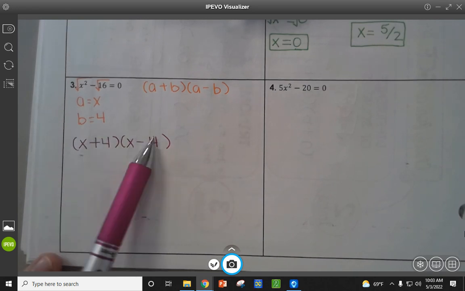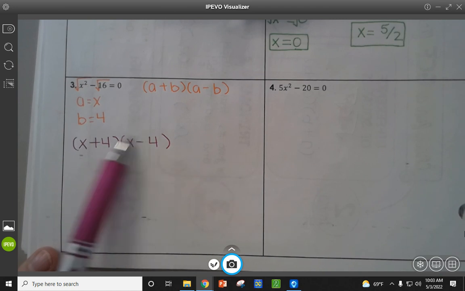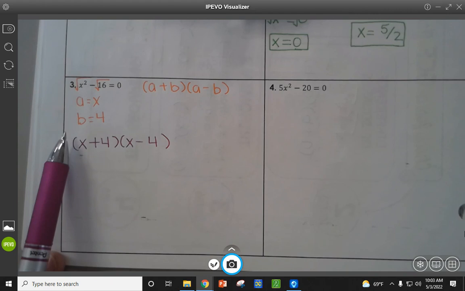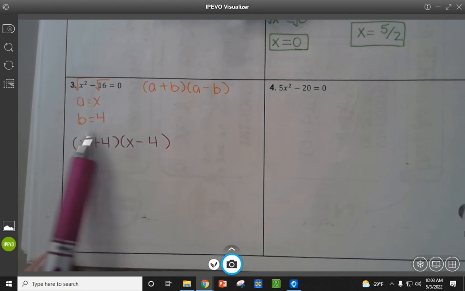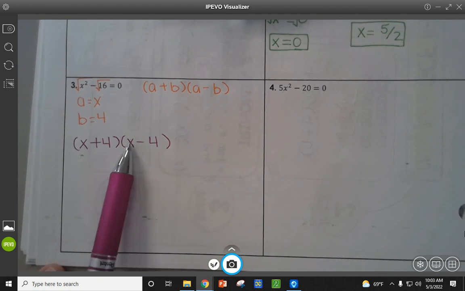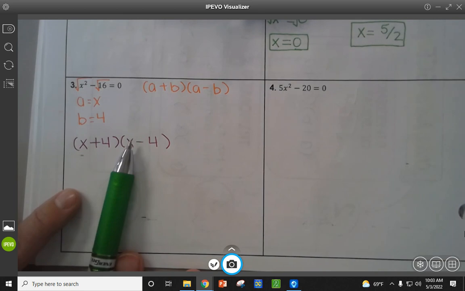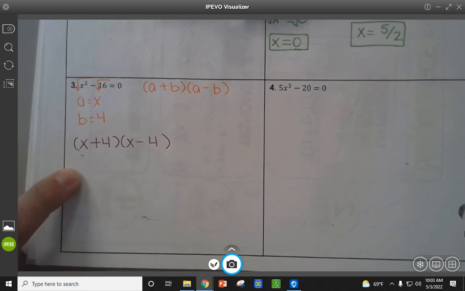Are either of these a difference of squares? Can either of these be factored again? No. This one you might be like, oh, 4 is a perfect square. Well, that's just regular x. So it's not. So now we are ready to set each factor equal to 0.